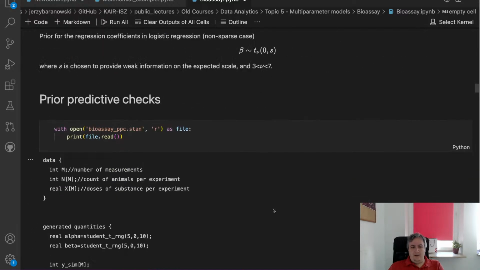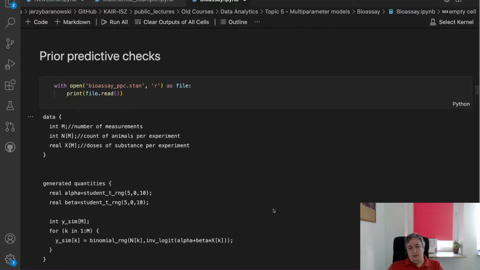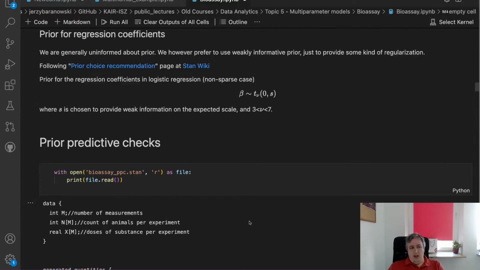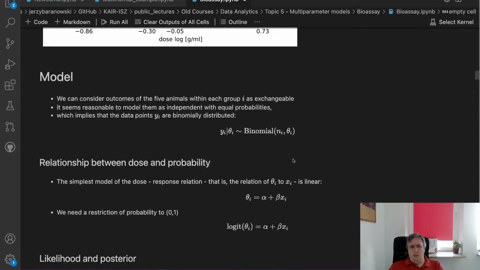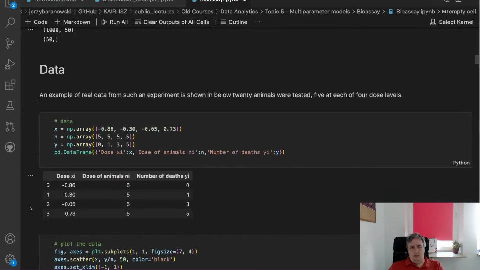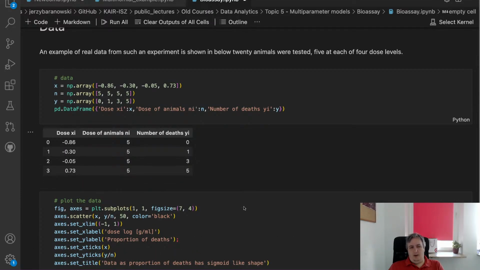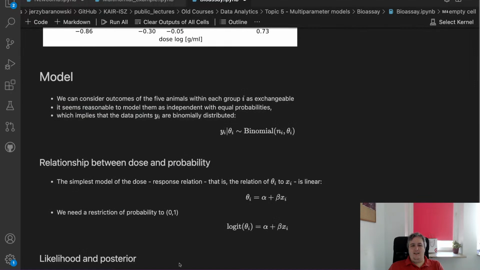Here, it won't make that much of an issue. This is, of course, a relatively simple case because the doses that we are using here have small values between -1 and 1. So in this case, this prior is generally okay.